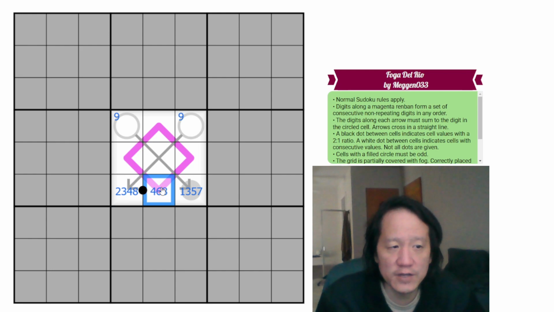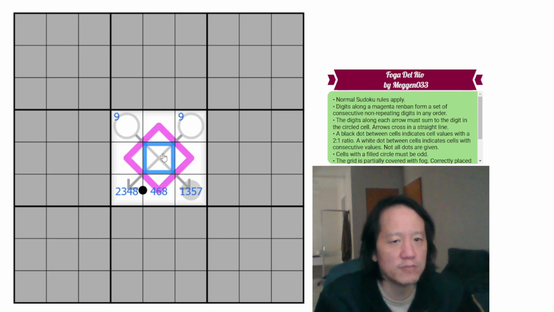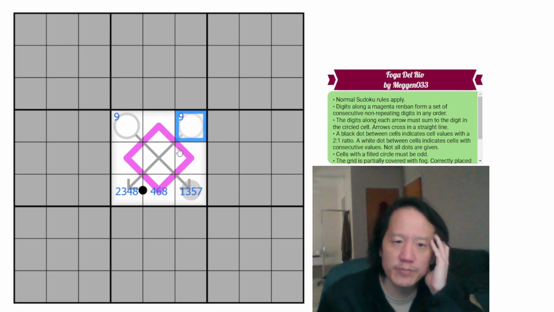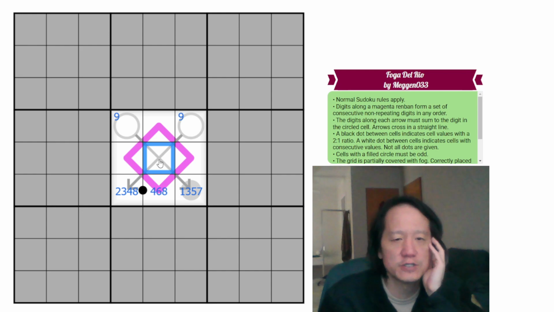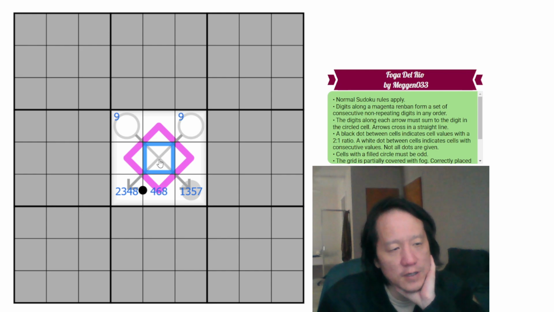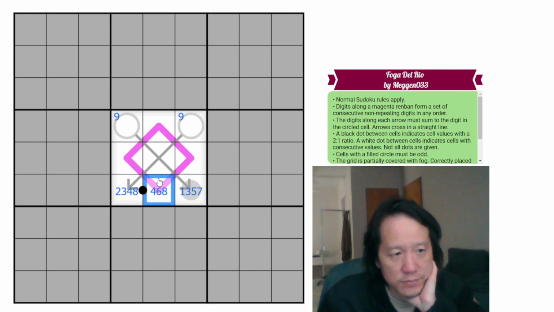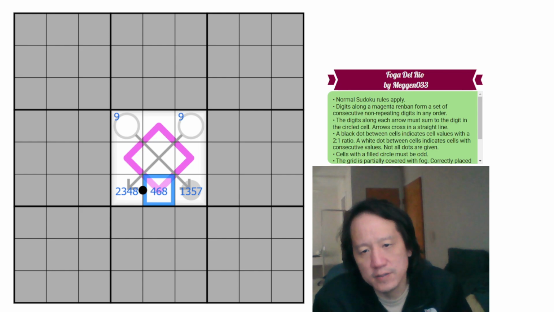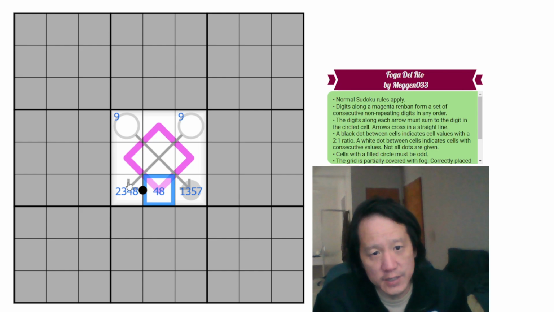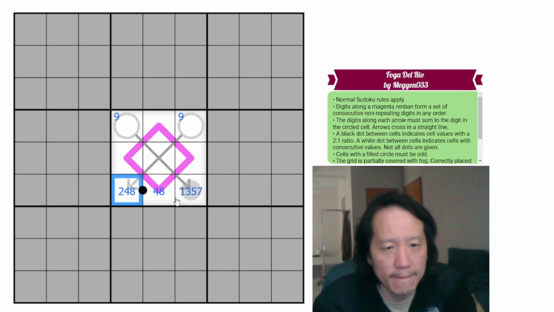So 4, 5, 6, 7 doesn't work also because of the same logic, because we need 1 and 2 somewhere. These can't be 2. Therefore, this becomes 1 and 2 in that situation. And that breaks the logic. So this can never be 6 then from that. This can't be 6, which means this can't be 3.